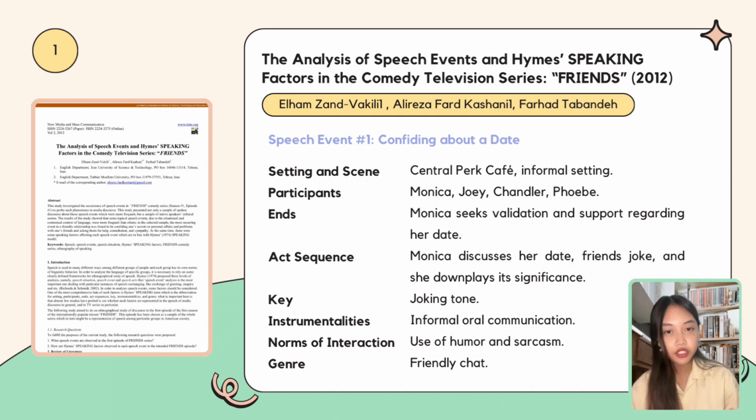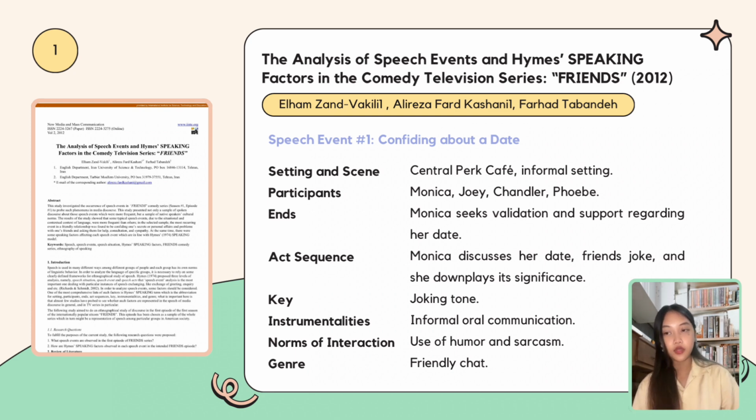There are three speech events that they analyzed, but I only took one example. Here, for setting and scene, they're talking about a date, and they talked about it in the Central Park Cafe, so it's an informal setting. The participants are Monica, Joey, Phoebe, and others. And then the goal is that they want to seek validation and support regarding her date.